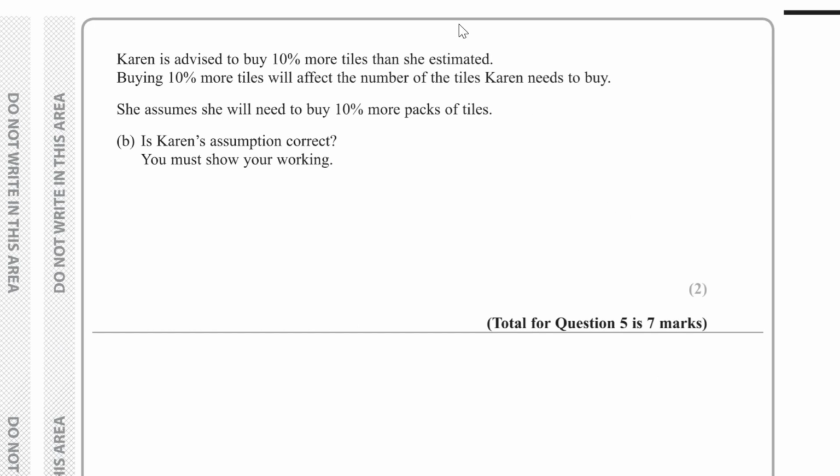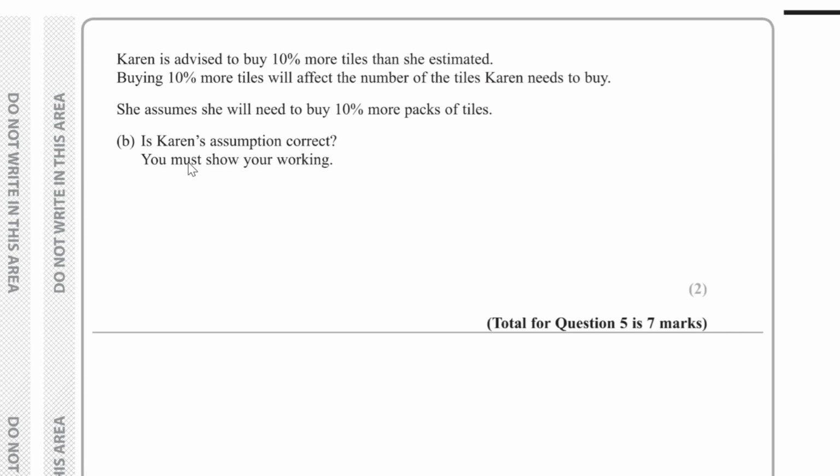And for part B, Karen is advised to buy 10% more tiles than she estimated, and buying 10% more tiles will affect the number of tiles Karen needs to buy. She assumes she will need to buy 10% more packs of tiles. Is Karen's assumption correct?